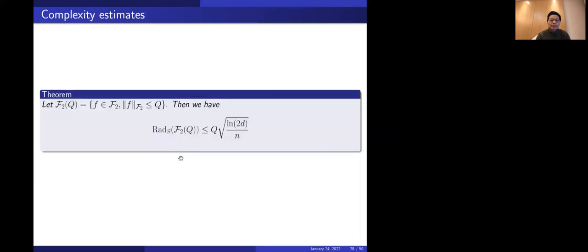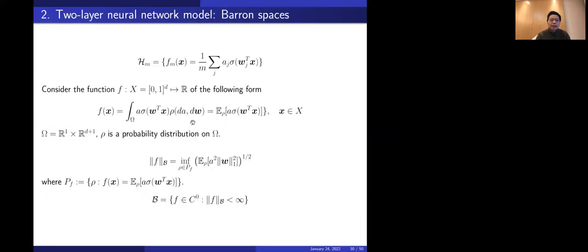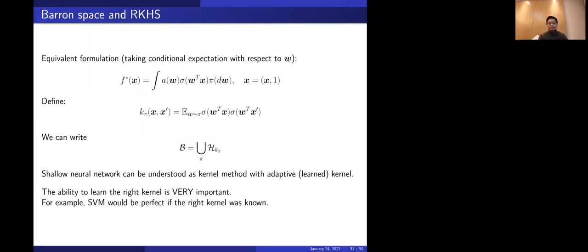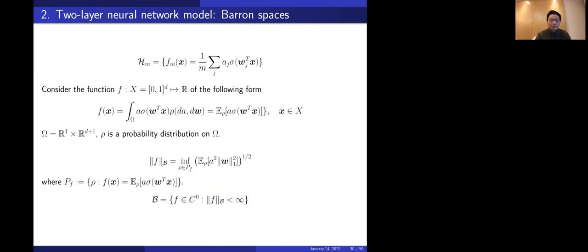We look at functions with this kind of integral representation and similarly define these new strange looking norms, which are defined through mixed expectations. And the continuous functions for which this norm is finite, we call Barron functions. And this space is called a Barron space.